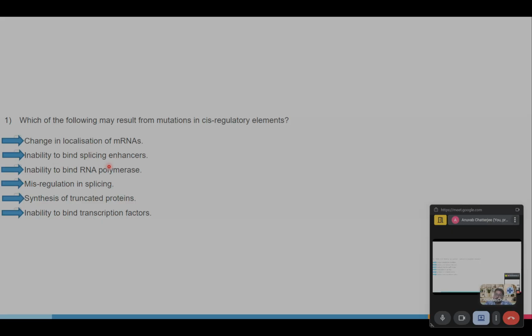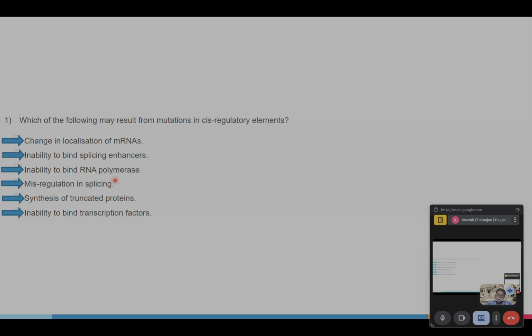Our splice, inability to bind splicing enhancers. So there are particular splicing enhancer binding sites present which are recognized by splicing enhancers to actually splice the introns from the immature or nuclear mRNA, and if these are mutated, then you will have different splicing variants which will not probably be functional.